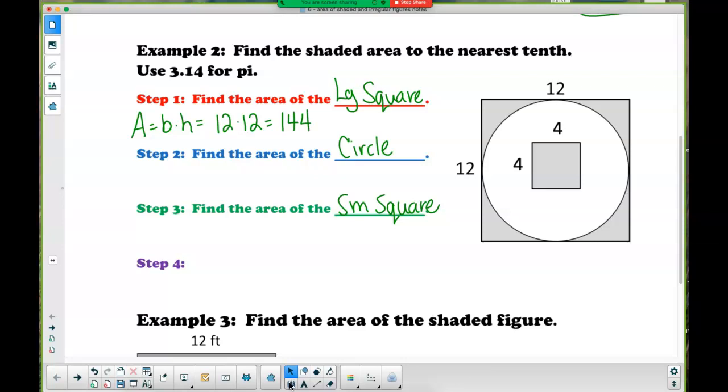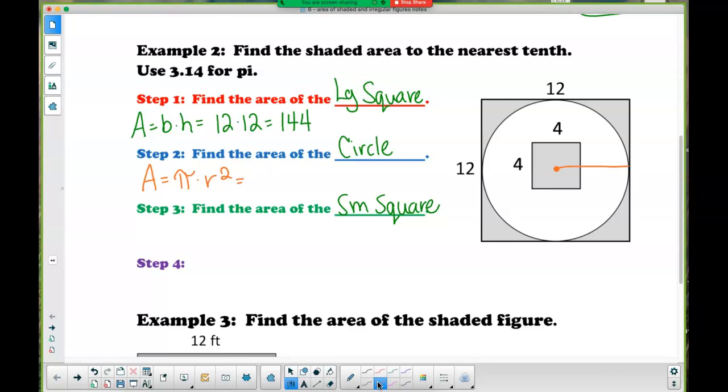Okay, then let's do the circle. Again, the area of a circle. Area equals pi times radius squared. What's the radius of that circle? Okay, I'm going to draw the radius in. It goes from here to here.